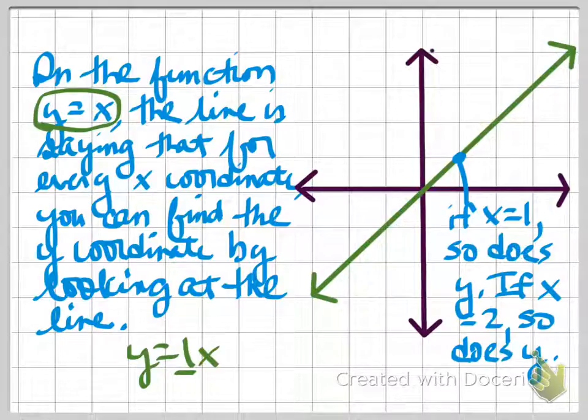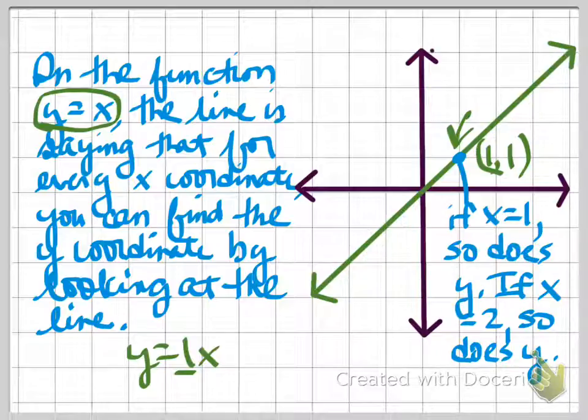If you remember how to plot points on a coordinate plane, you always use the x number first, followed by the y. The blue dot that you see here has an x coordinate of 1 because I moved over 1 to the right. Then I went up 1. So its coordinate is (1, 1).